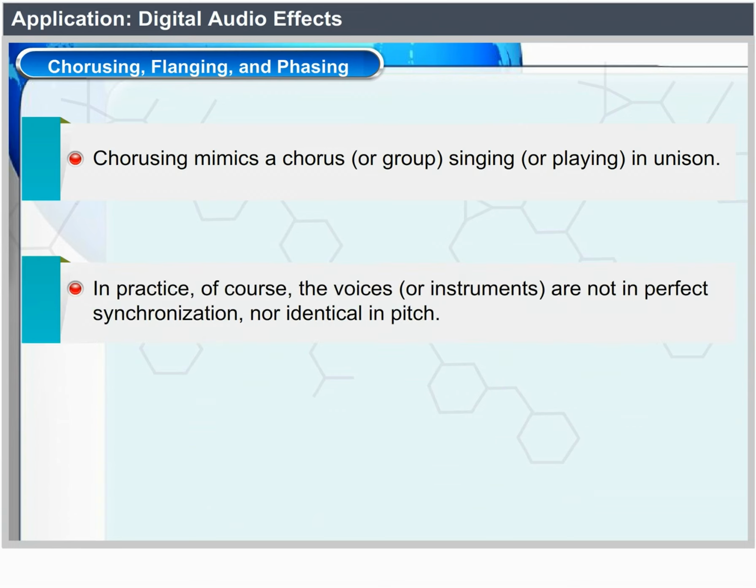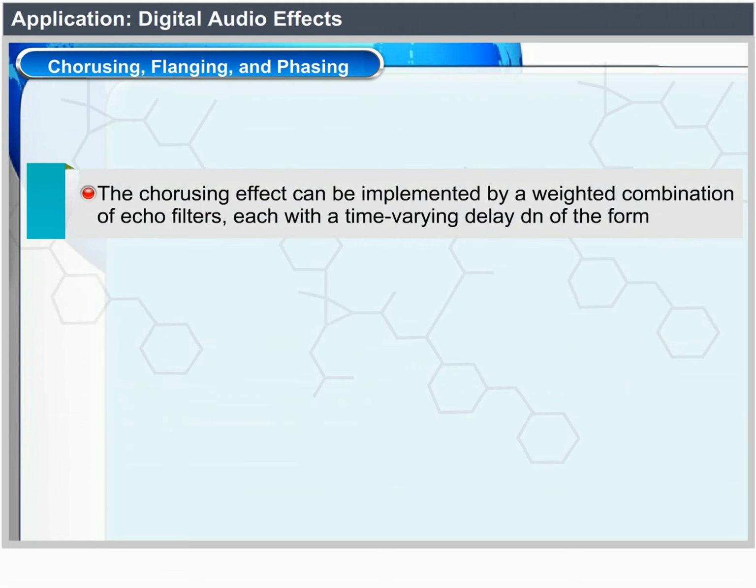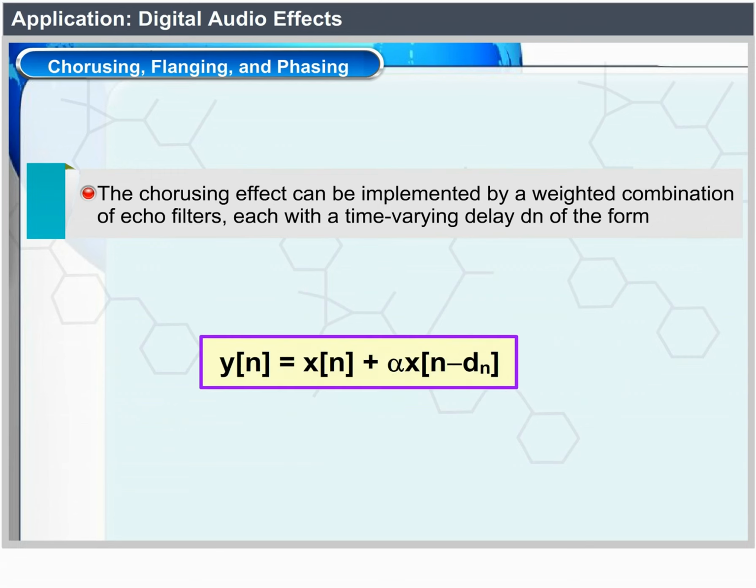In practice, of course, the voices or instruments are not in perfect synchronization nor identical in pitch. The chorusing effect can be implemented by a weighted combination of echo filters, each with a time varying delay d[n] of the form y[n] = x[n] + alpha x[n - d[n]].